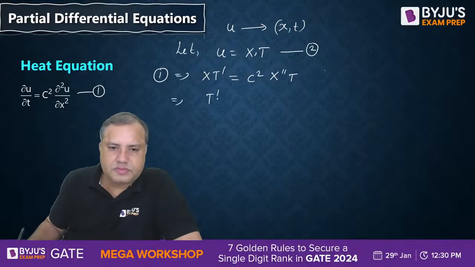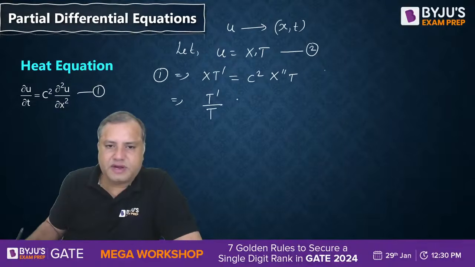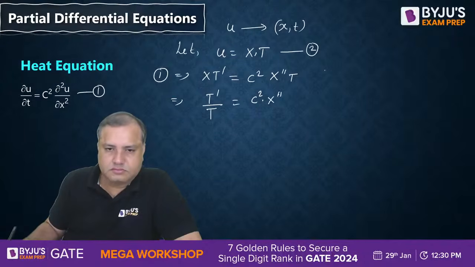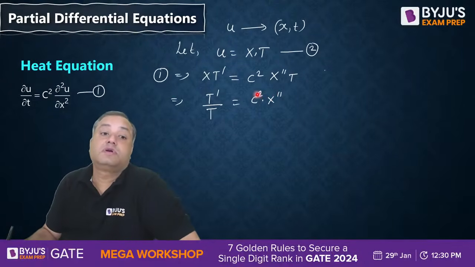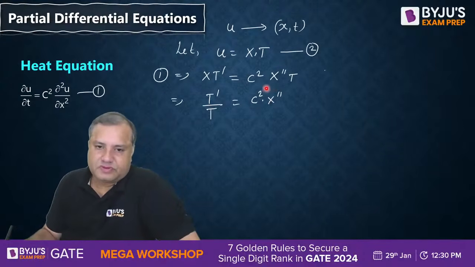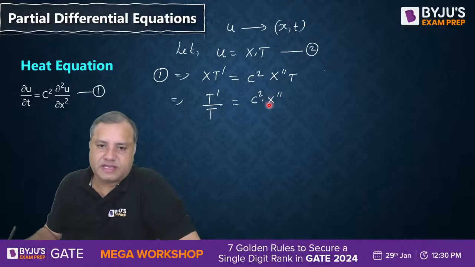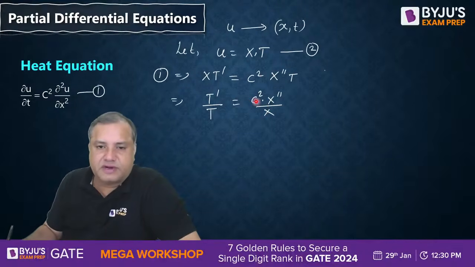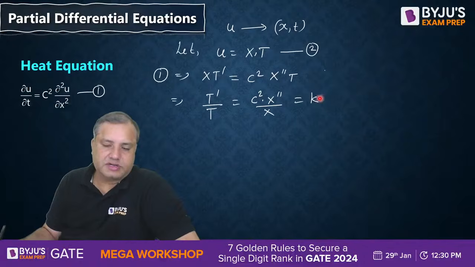So T dash by T equals c square X double dash upon X, which is equal to k. Correct? Got it?